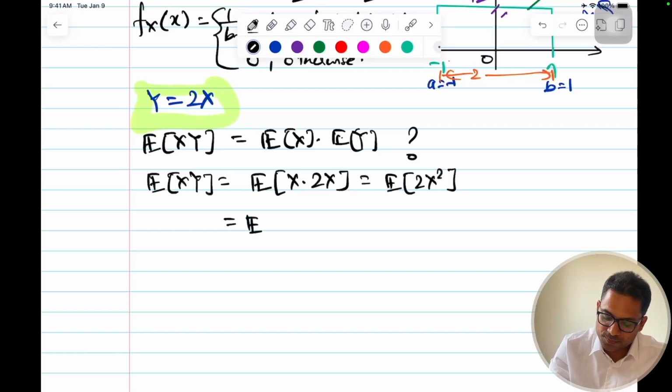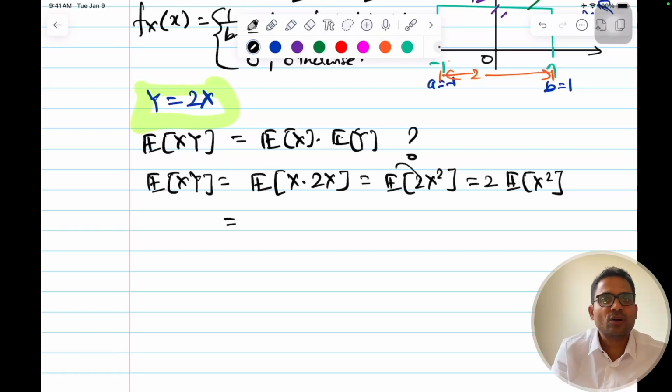This 2 is constant, so this will come out. So this can be written as 2 into expectation of x square. The expectation of a constant value is the number itself, so that's why I have brought it outside.